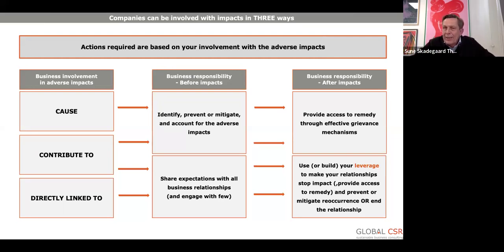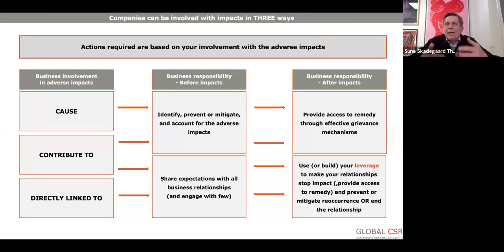So I'm not contributing to that decision, but I am now linked to the adverse impact in both situations, actually, because the responsibility of being linked to is established by the mere fact that somewhere in your value chain, there will be an entity that is causing or contributing to the adverse impact. So these are the three ways, and you're responsible for the adverse impact in all three situations.